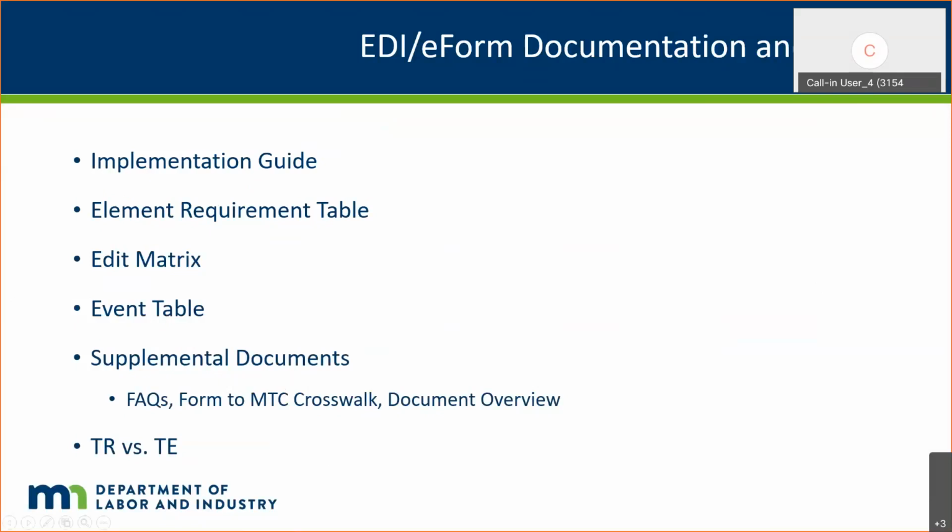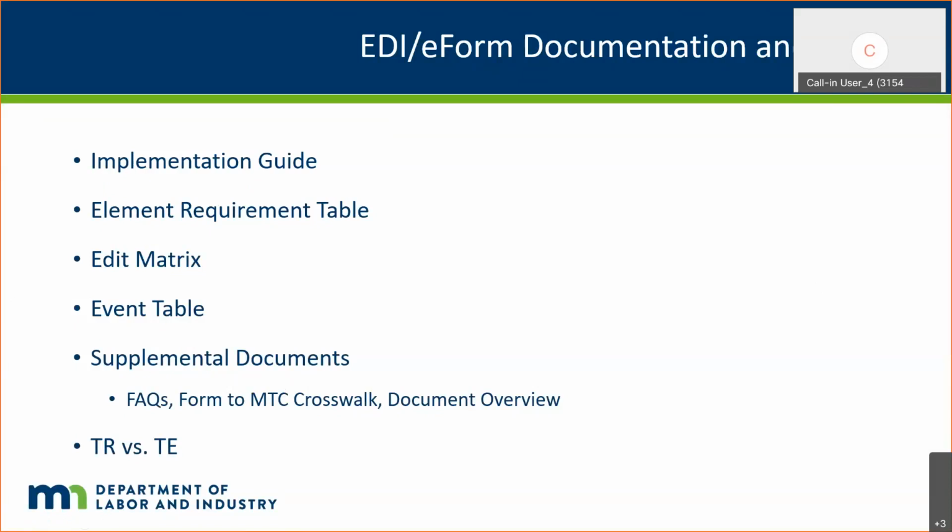So then the final thing I wanted to discuss was TRs versus TEs. This is likely not going to be as impactful for you all since you do not submit EDI filings, but we are moving from an accepted with errors model to a rejection model when data is incorrect.